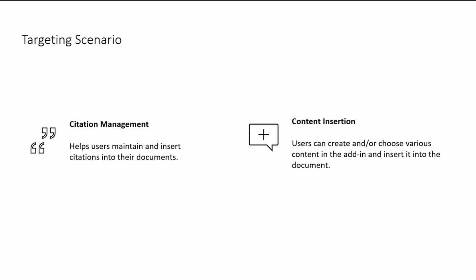First of all, I want to introduce what targeting scenarios we are looking into. The first one is citation management. Word is crucial for official and professional documents. We all know that citation is key for a professional document.